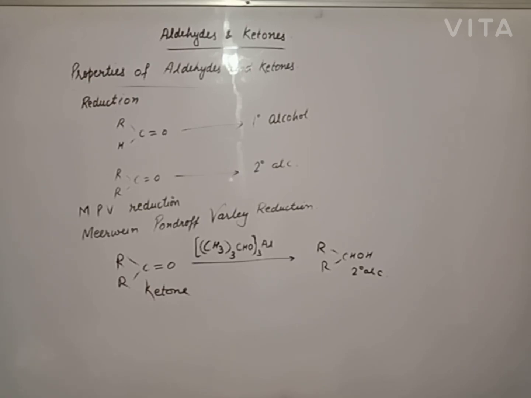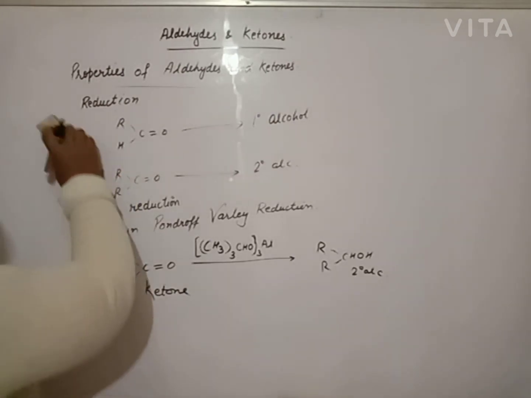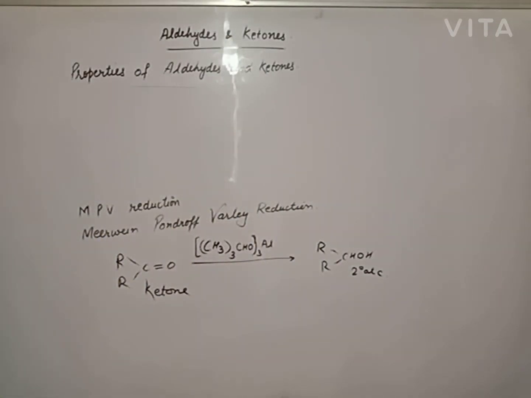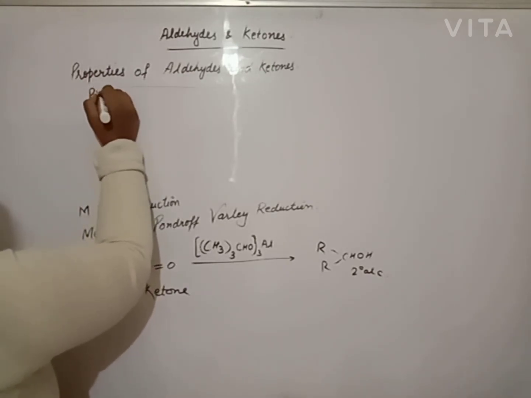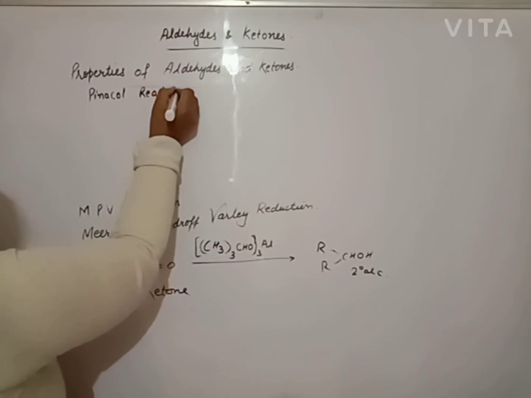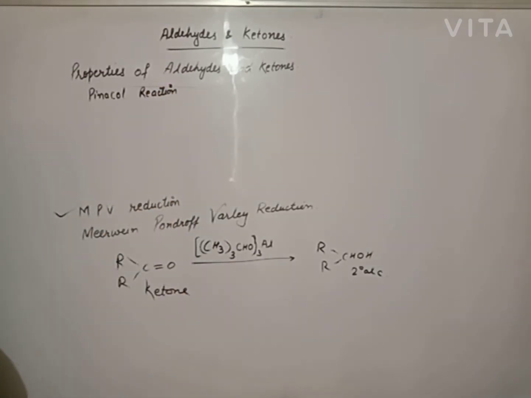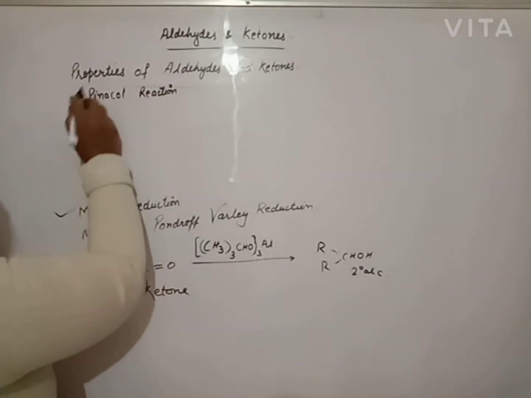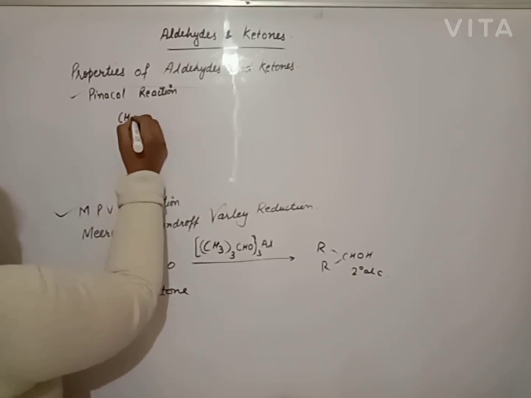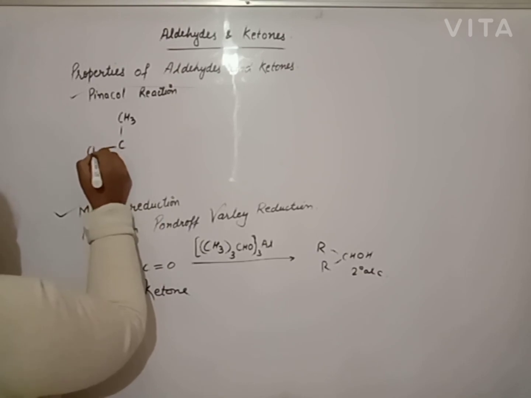Now another reaction is the pinacol rearrangement, the pinacol reaction. This is a name reaction. This one is also a name reaction, the MPV reaction. Now the pinacol reaction. Beta, in case of the pinacol reaction, we have 2 moles of symmetrical ketone.